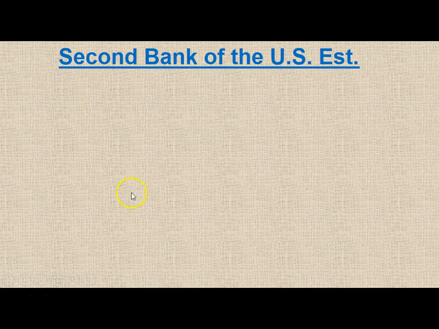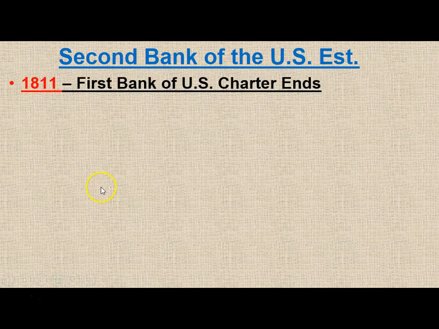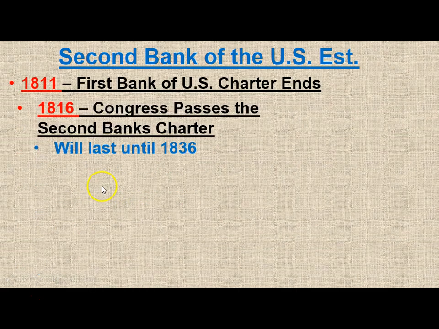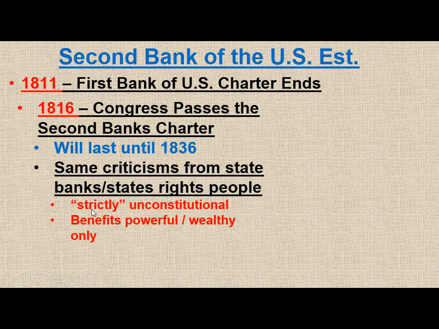This isn't necessarily notes, but you can jot it down to the side. Our Second Bank of the United States is reestablished after the first charter of the Bank of the United States expires in 1811. In 1816, Congress passes the second bank charter. It's going to last until about 1836.